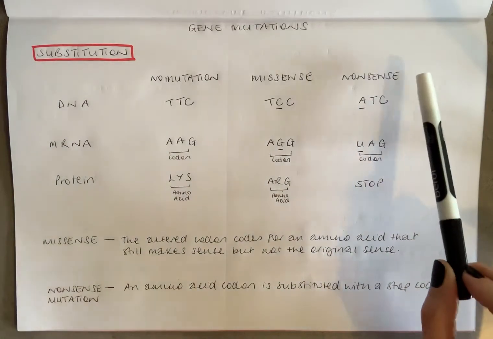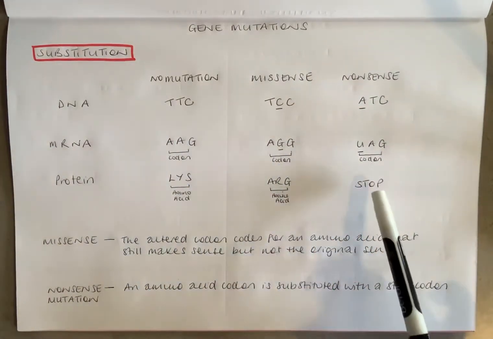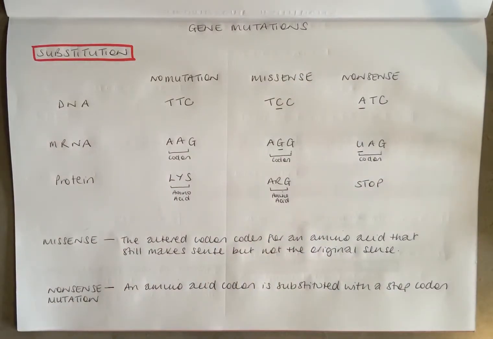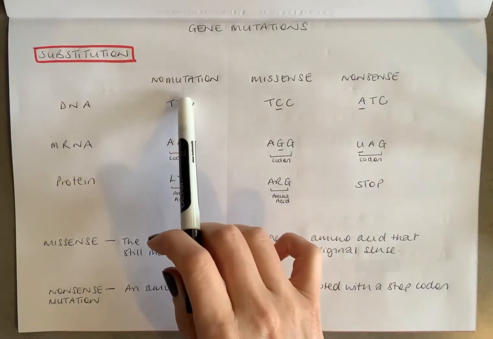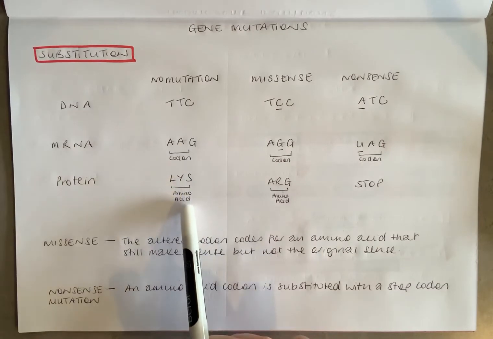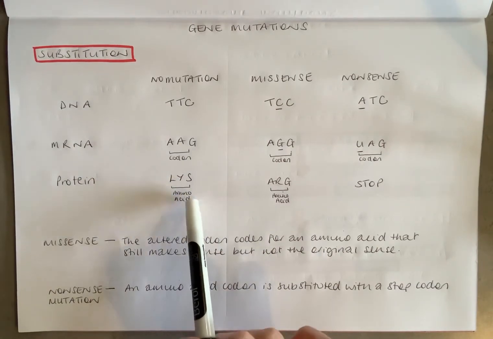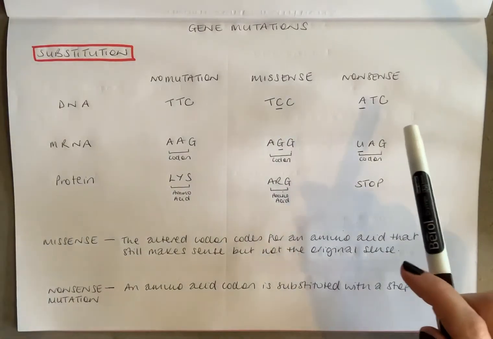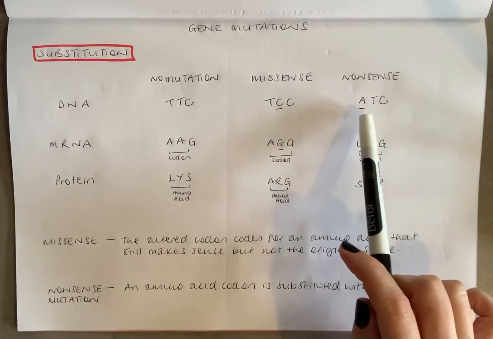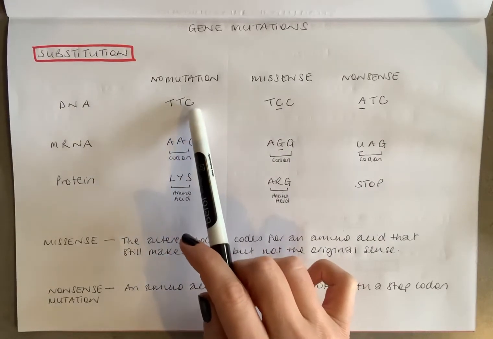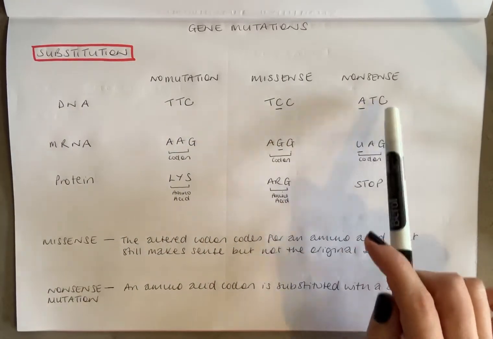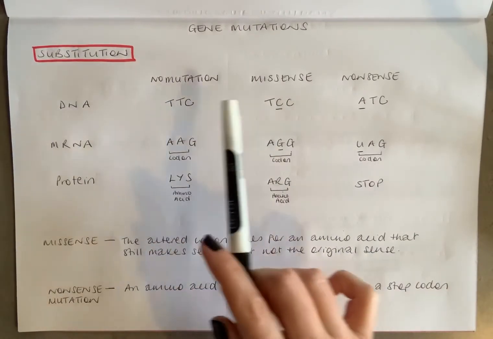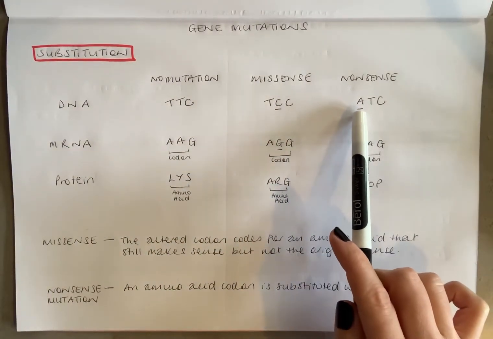And then the second effect that a substitution mutation could have is what's classed as a nonsense mutation. Again, this is what we normally would have, but with the substitution mutation, this time we've got a sequence of nucleotides, and instead of having TTC, which is the normal one, we now have ATC. So this thymine nucleotide has been substituted for adenine.